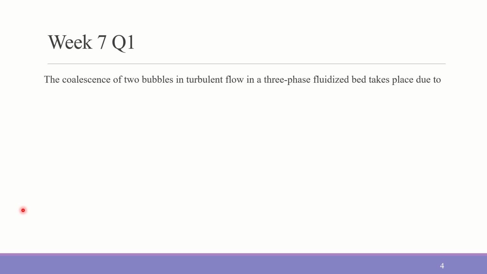And now the first question for week 7 is: the coalescence of two bubbles in a turbulent flow in a three-phase fluidized bed takes place due to. So this week's problem is about coalescence between the bubbles in bubbling fluidized beds.